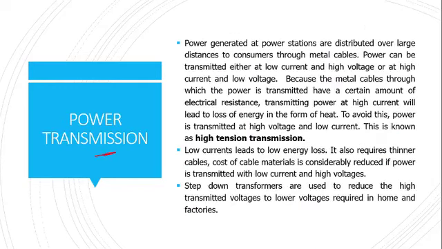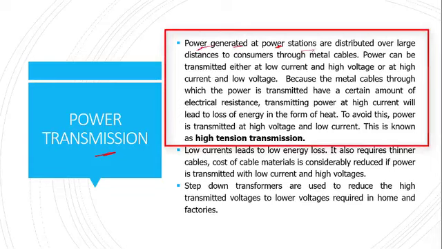Now let's look at finally the last slide, which has to do with power transmission. Power generated at power stations is distributed over large distances to consumers through metal cables. Power can be transmitted either at low current and high voltage or at high current and low voltage. The reason for this is because the metal cables through which the power is transmitted have a certain amount of electrical resistance.